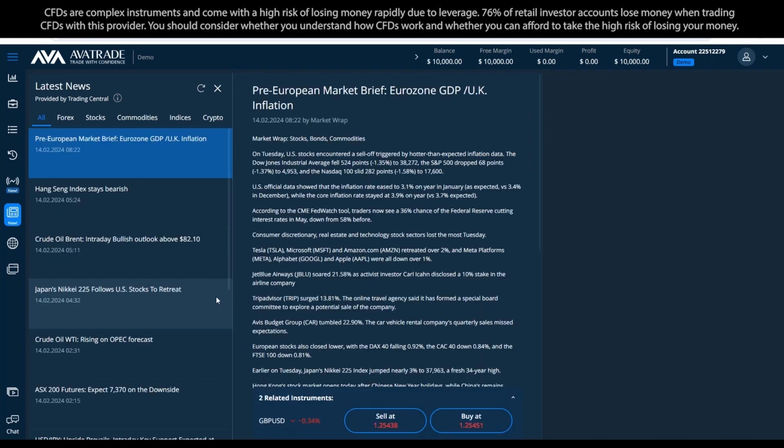Regarding indicators, I would like to have Williams Fractal on the web trader. Just a second. That's actually a good question. Just a second.